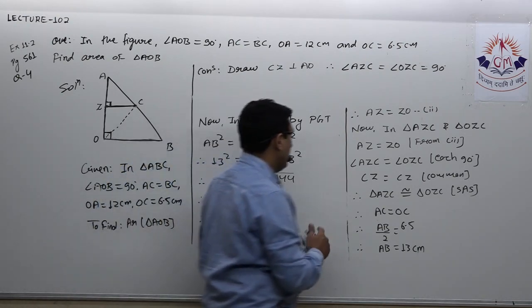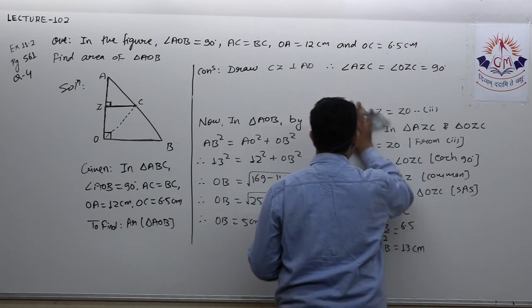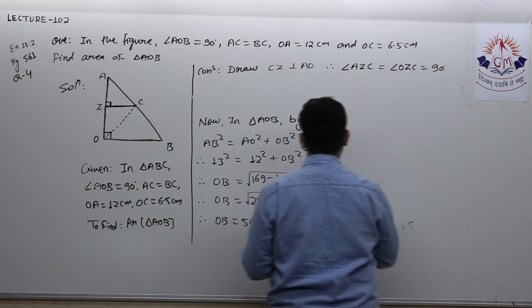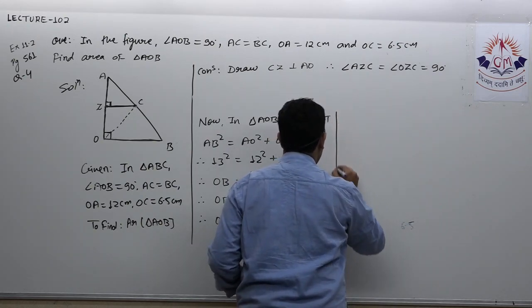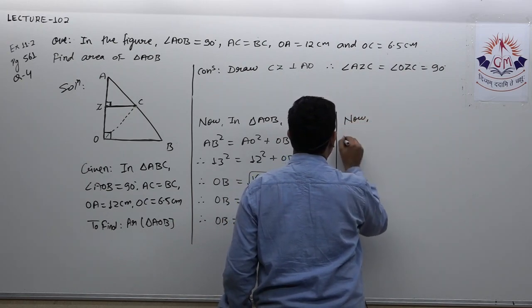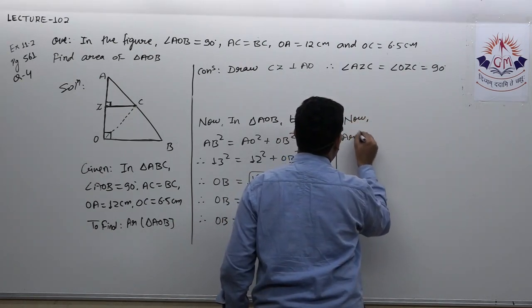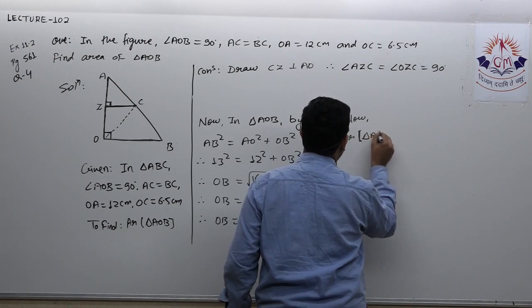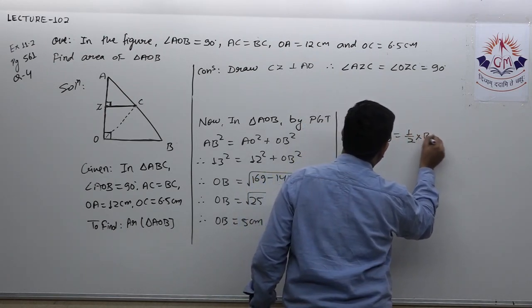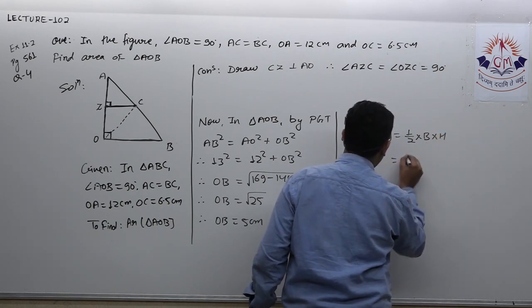Now as we got the length of OB, we'll find the area of triangle AOB. Area of triangle AOB is equal to 1 upon 2 into base multiplied by height.